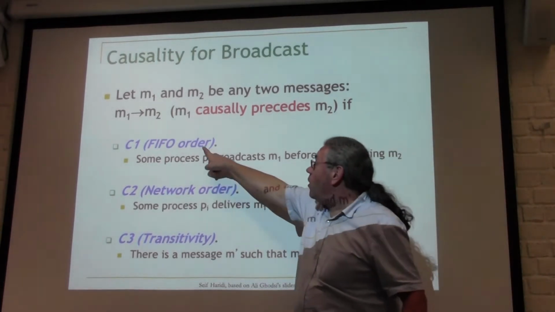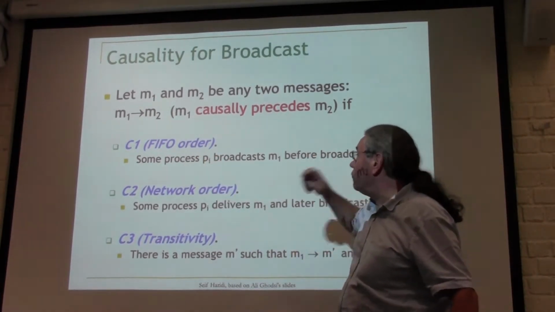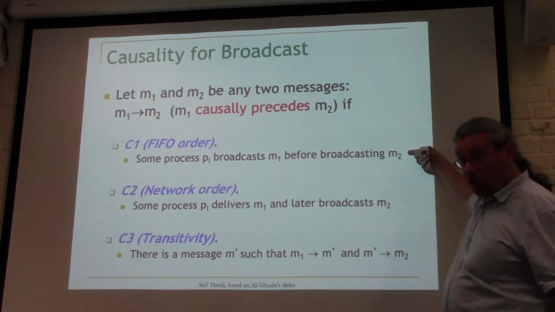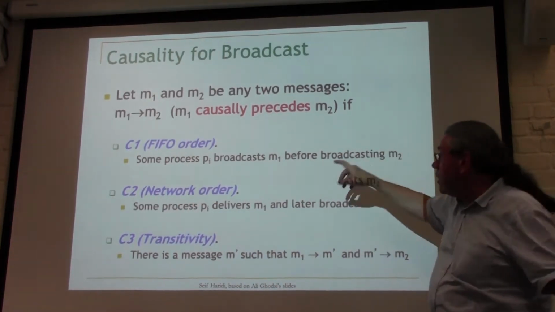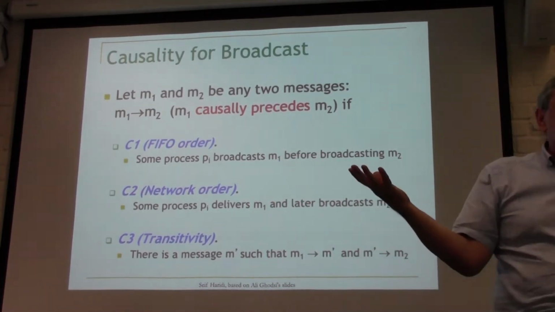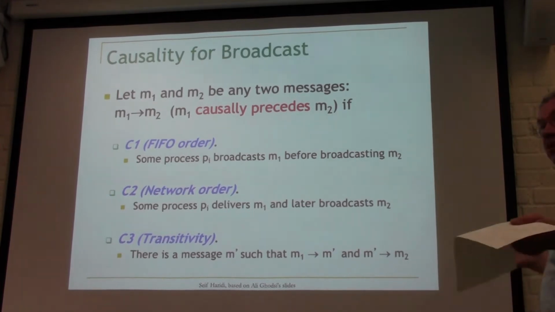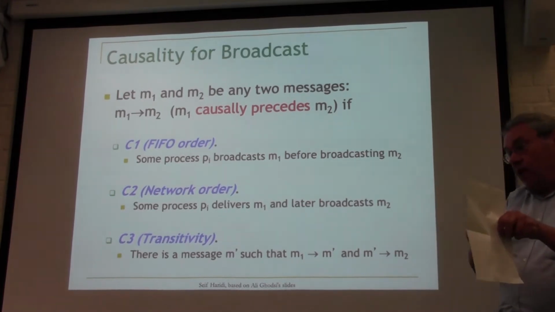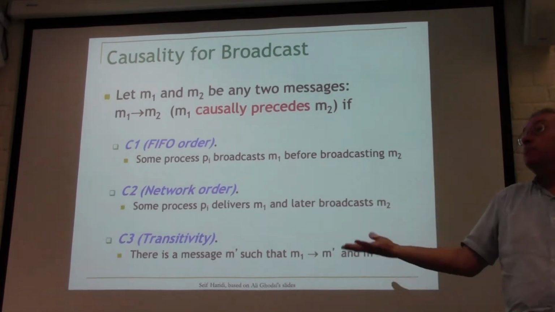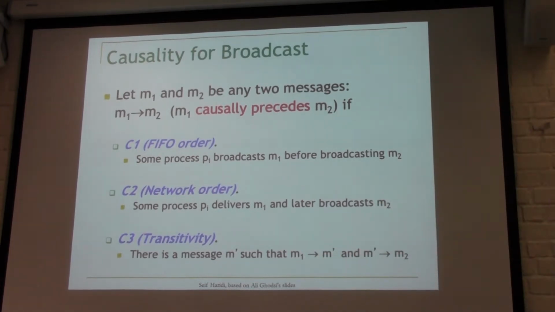For example, C1 is called FIFO order, first in, first out. This is on the same node. If the same node broadcasts M1 before M2, then of course M1 is before M2. On a chat, if I make a message and a little bit later I make another message, well, the first one is before the second one.